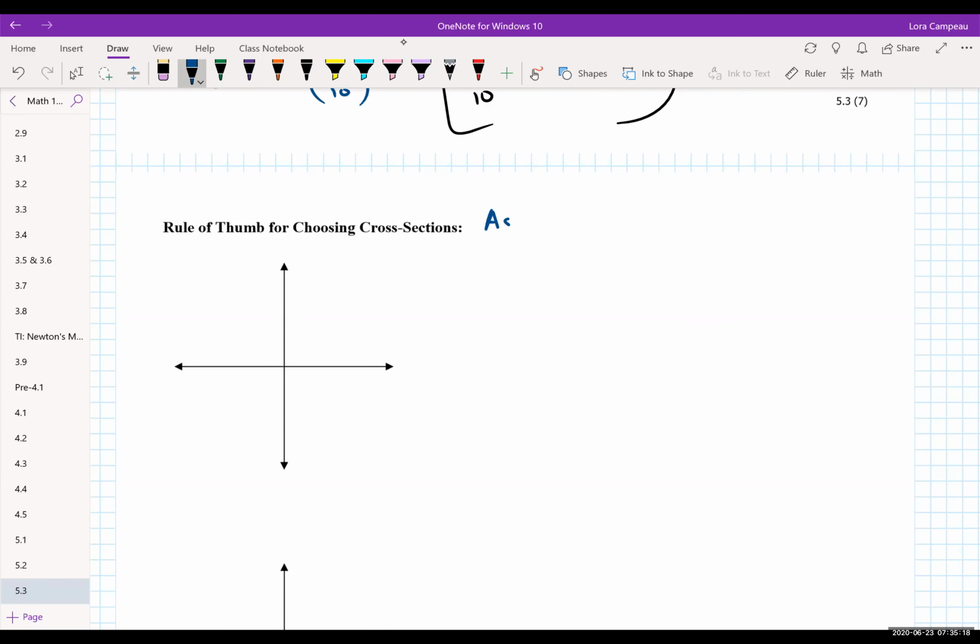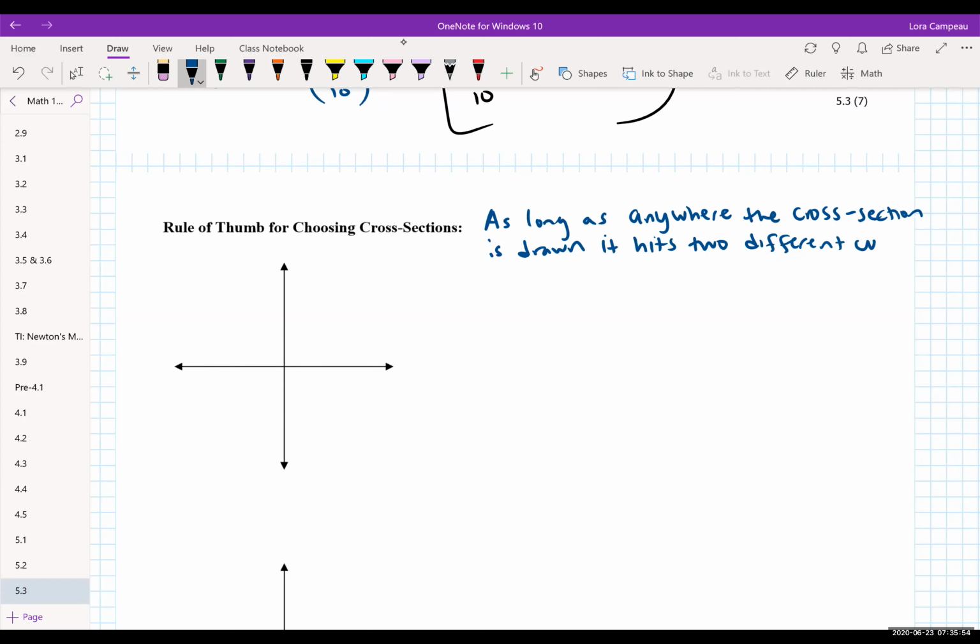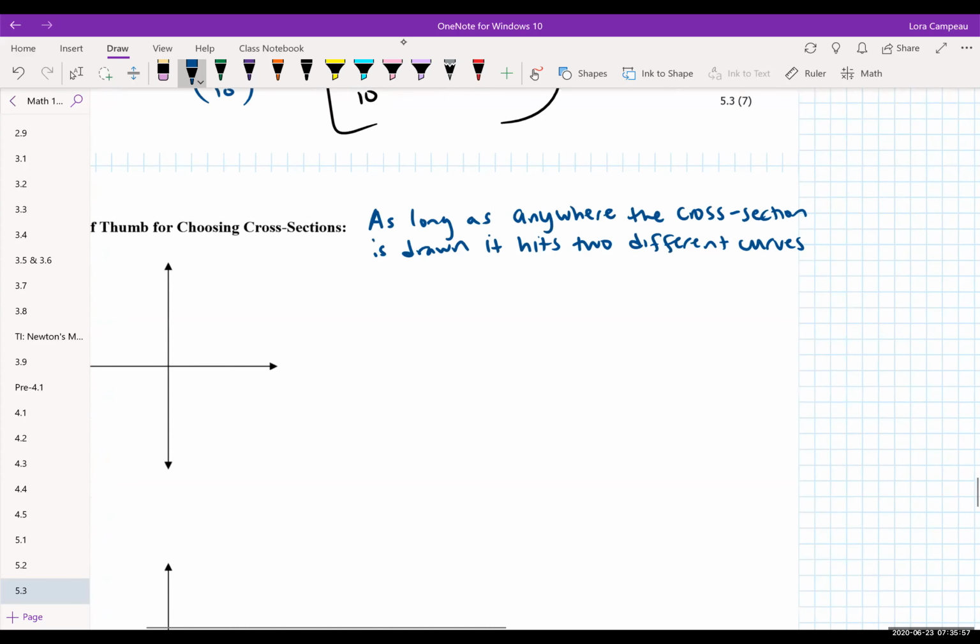I'm going to say as long as anywhere in the cross section is drawn, if it hits two different curves, for lack of a better word, I'm going to say that is good.